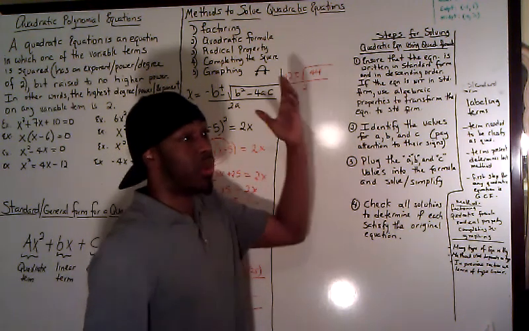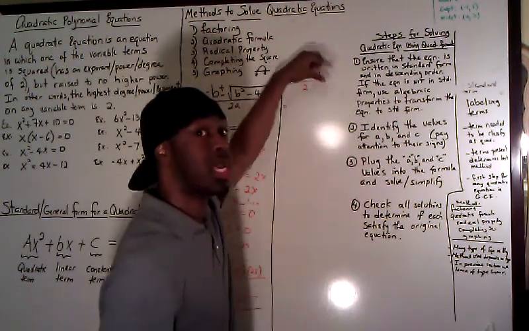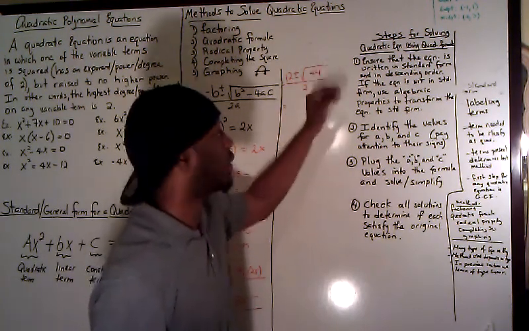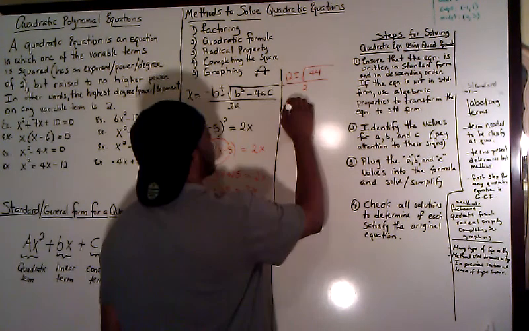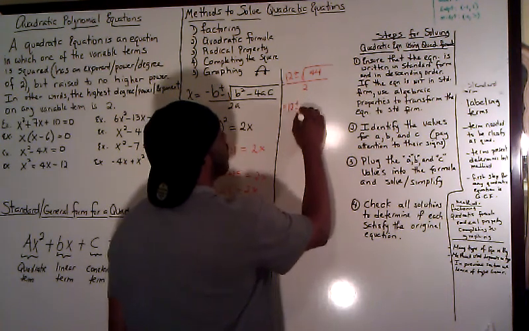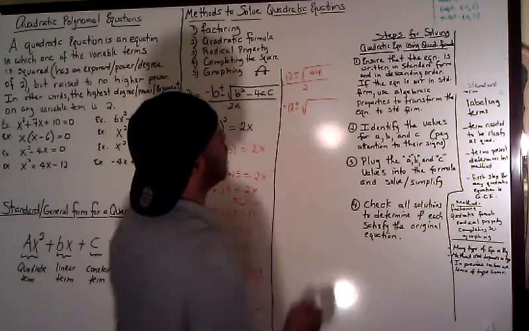Well, the way you handle that is you have to try to rewrite this as a product of its factors, such that one of the factors is the perfect square, the highest perfect square in that factorization. So that is 12 plus or minus the square root. Well, instead of 44, I want to rewrite 44.